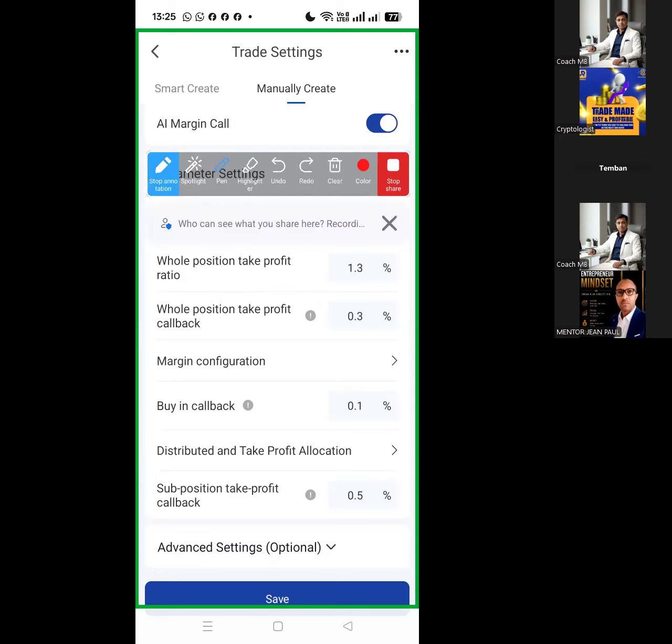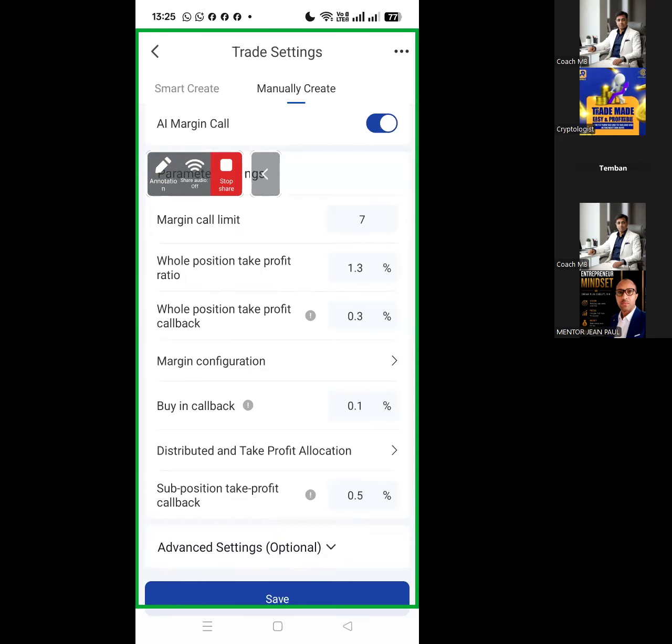But if you want some advanced settings also, these are optional, right? Even if you don't go inside this page, your trade can still start and give you profit. But if you want a good setting or a smarter way to trade, you can use the benefits of this advanced settings option.